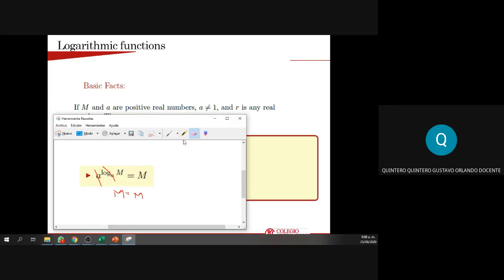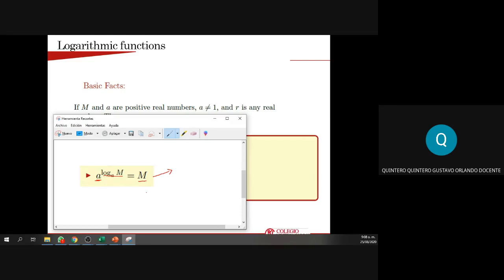Another one is, if I were to change this logarithmic expression into an exponential, what am I going to have? This is an exponential, right? This is base elevated to an exponent equals a value. This right here is an exponent.